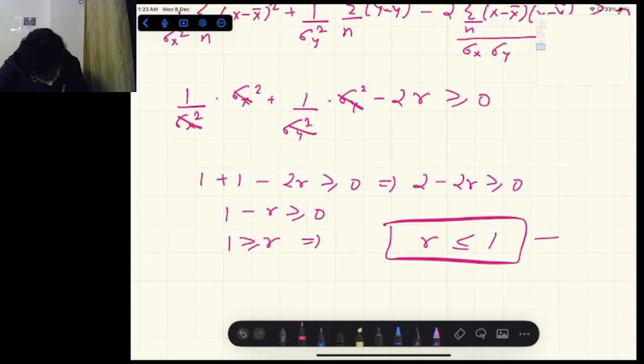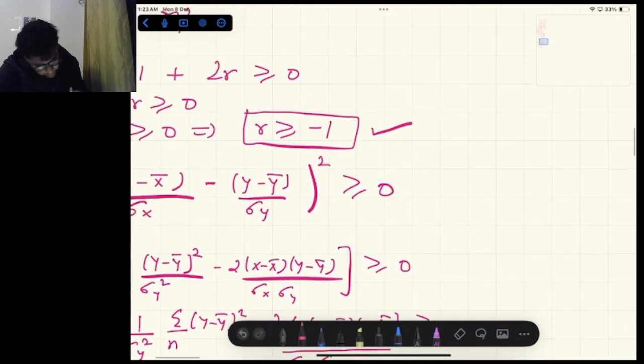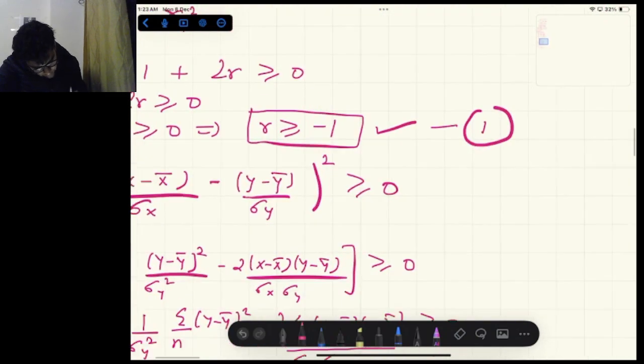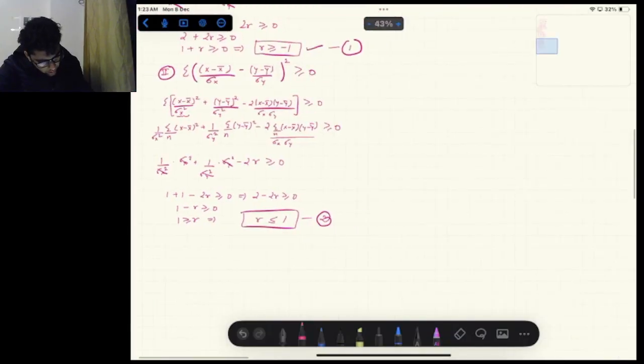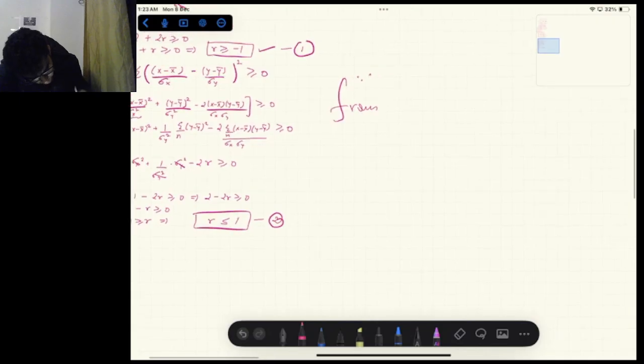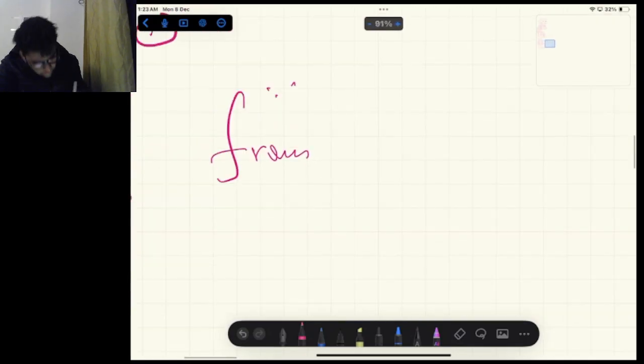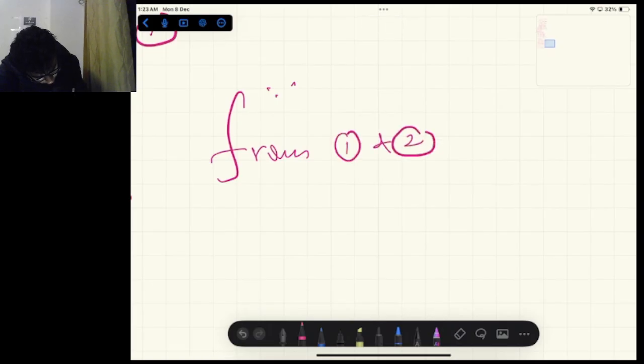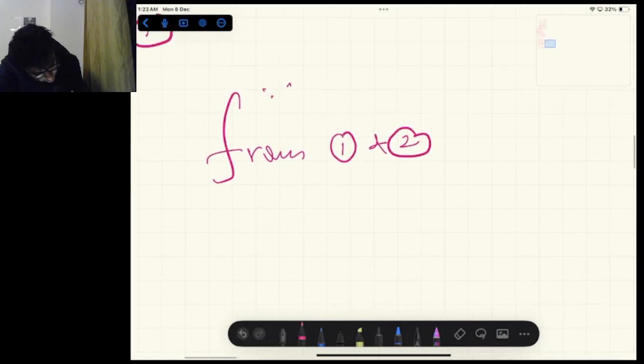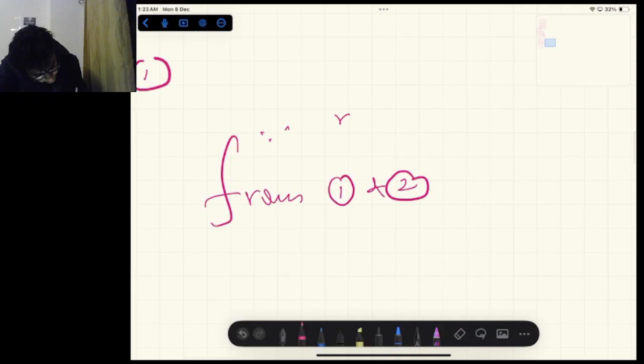So this will be my second, and this was my first. So from 1 and 2, 1 was r is greater than or equal to minus 1. This was my 1.